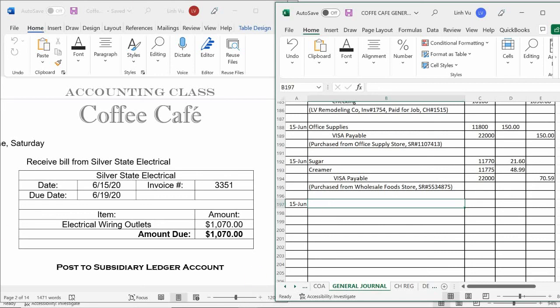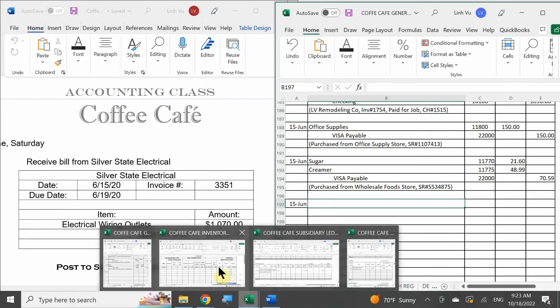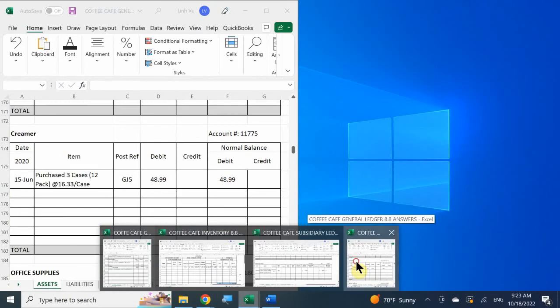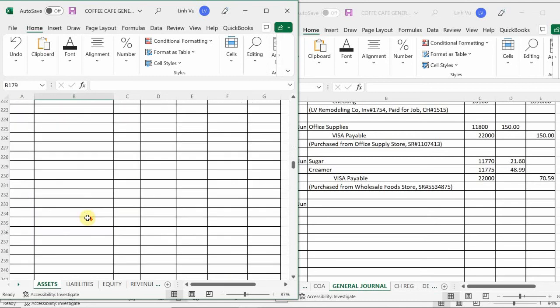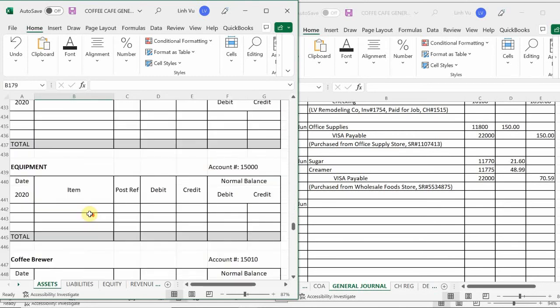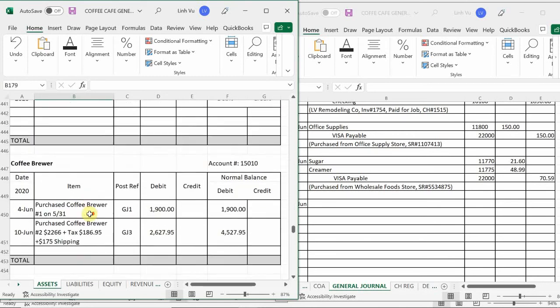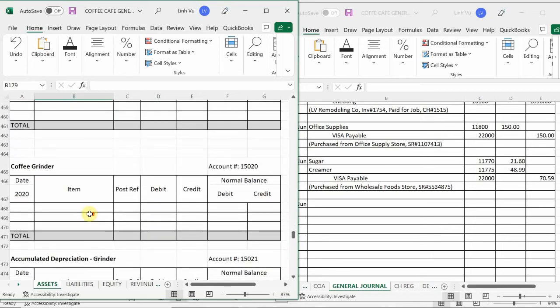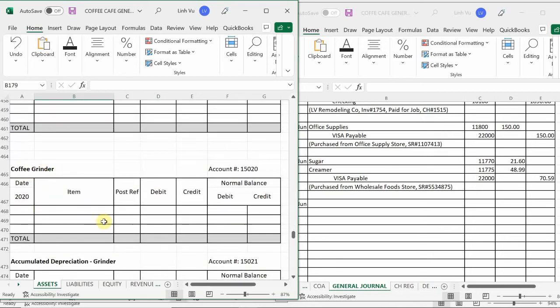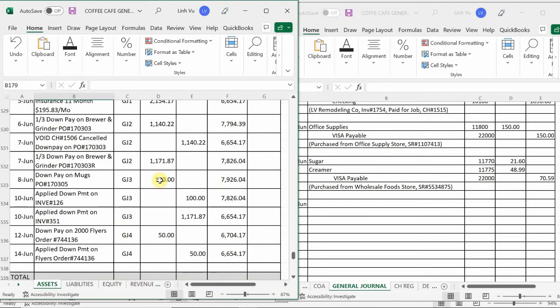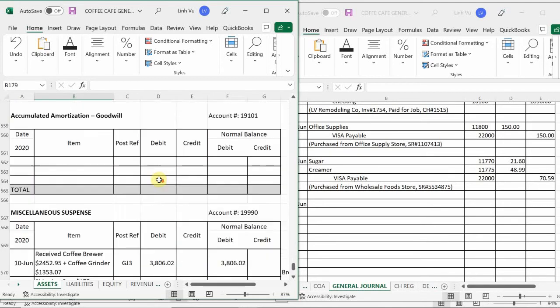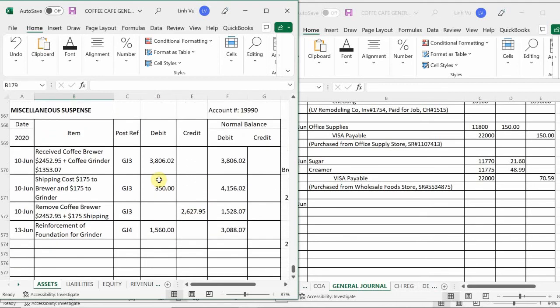Yes. You just haven't put it in service yet. So where did I place it temporarily? Where is it currently? If I already purchased it, where is it right now? Because if I go to my account right now for coffee grinder, there's nothing there. Would it be under miscellaneous expense? Yes, that's exactly where it is right now. My coffee grinder is in the miscellaneous expense account, right? Yes. Did you have a question?